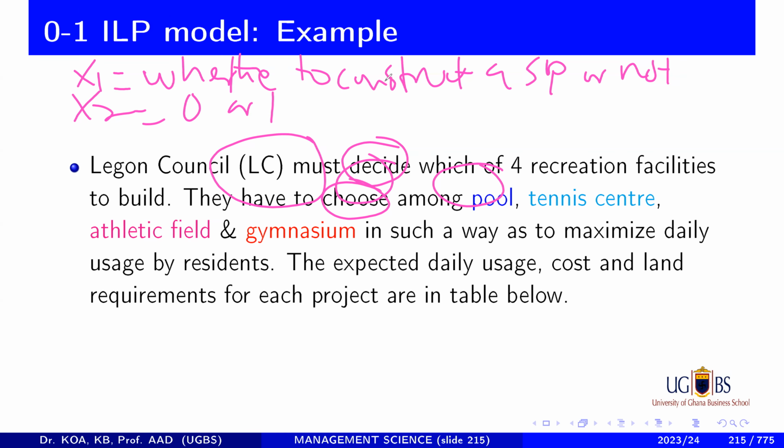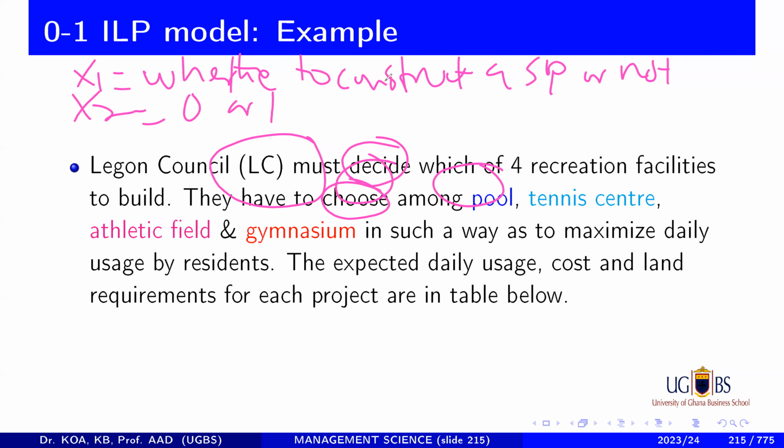The number of times using the thing. So a person can still come and use the thing 4 times. He can come and swim 4 times in the day. So you can't say that we are measuring the number of people, but the number of times people are going to use the space. And they want to maximize the usage.